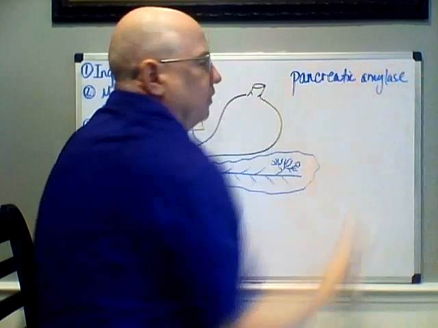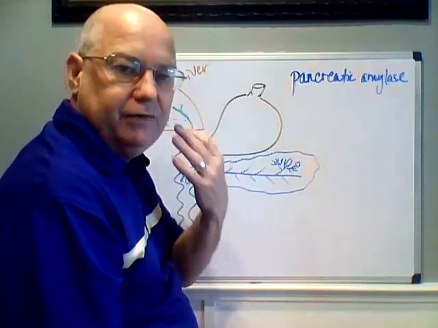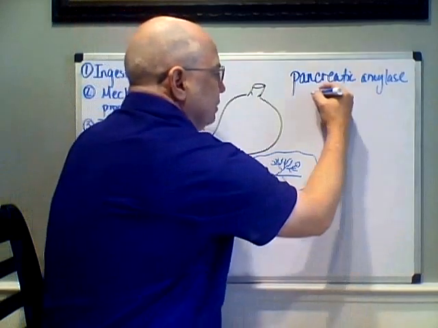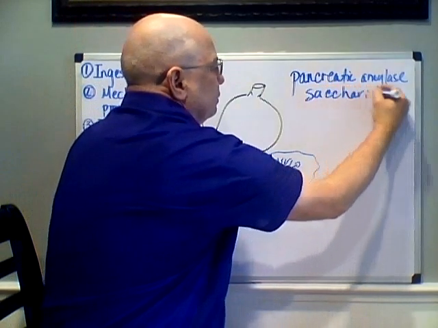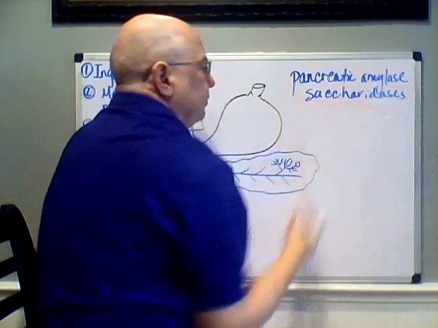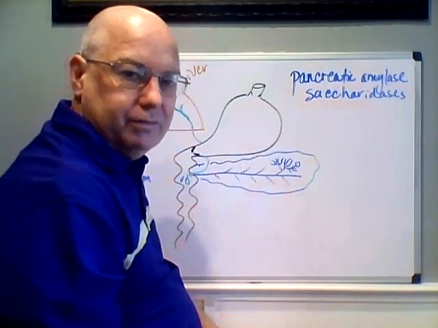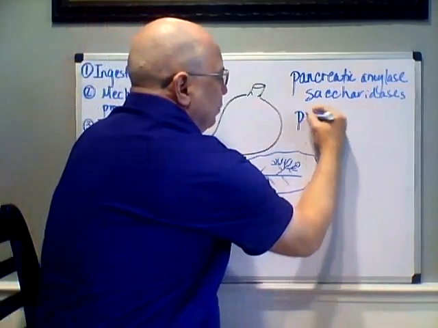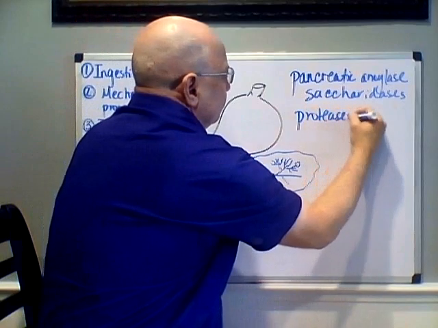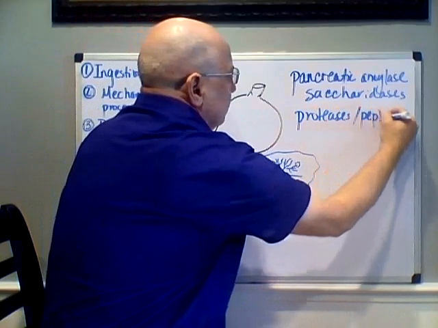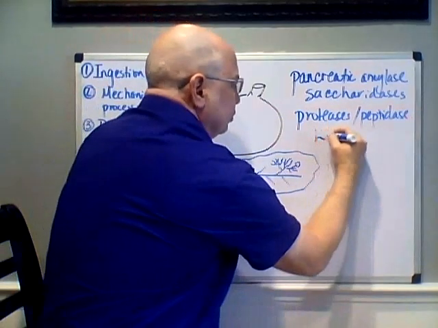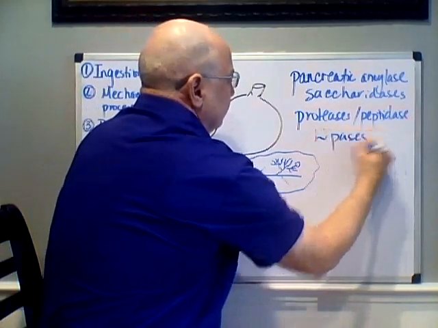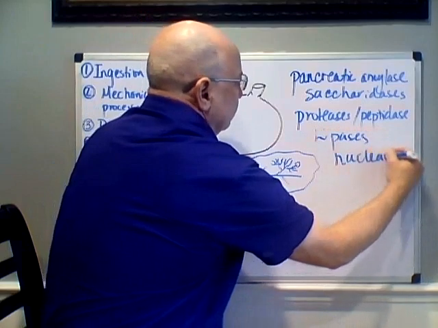It's the same stuff almost as salivary amylase. It digests carbohydrates. It can secrete saccharinases. So that's all our carb digestion. It does proteases and peptidases. So we're going to digest protein in the duodenum. It secretes lipases, and it does nucleases.